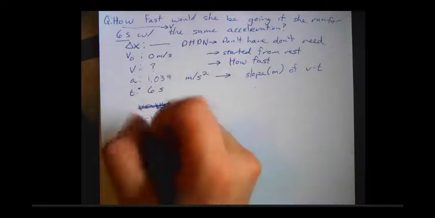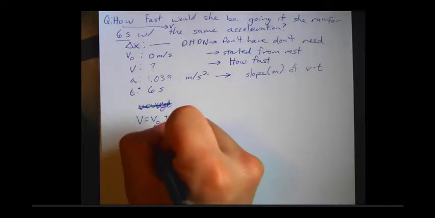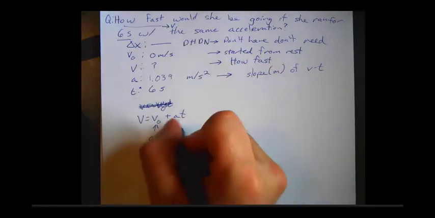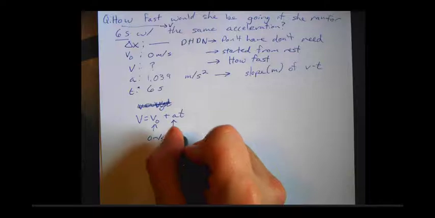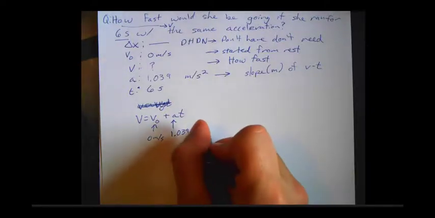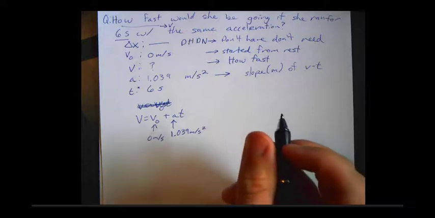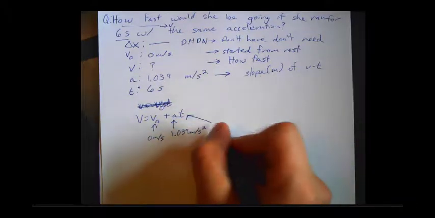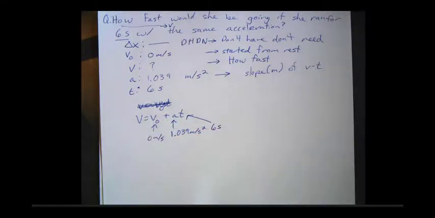We know our v naught is going to be 0 meters per second. We know our acceleration from the data is 1.039 meters per second squared. We know our time is 6 seconds.